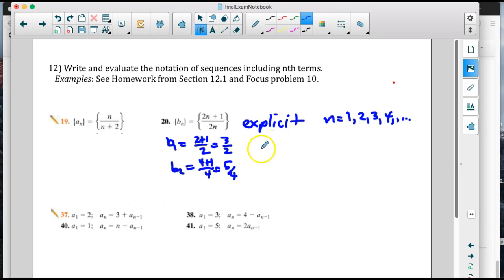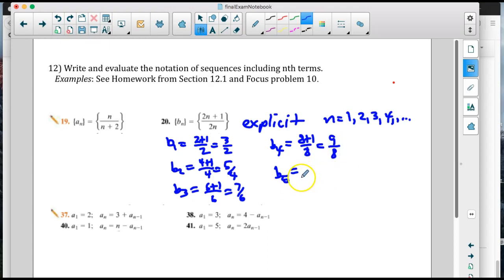The third number in the sequence is 3 times 2, which is 6, plus 1 over 6, which is 7 over 6. And B4, the fourth term in the sequence, is equal to 4 times 2, which is 8, plus 1 over 8, which is 9/8.